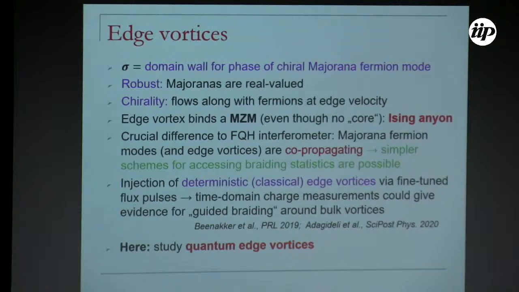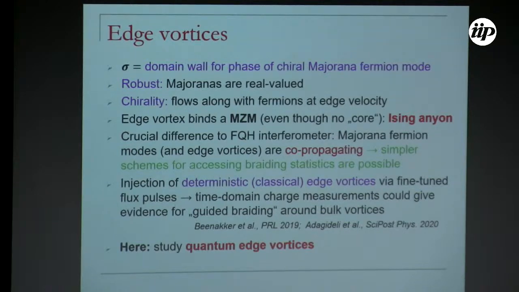I should say that in the Beenakker group, since 5 years, efforts have been made to inject deterministic or classical edge vortices, basically by using a finite magnetic flux pulse. You can imprint the -1 to +1 domain wall at a given time and space, and then you do basically a guided braiding around bulk vortices by doing time domain charge measurements.